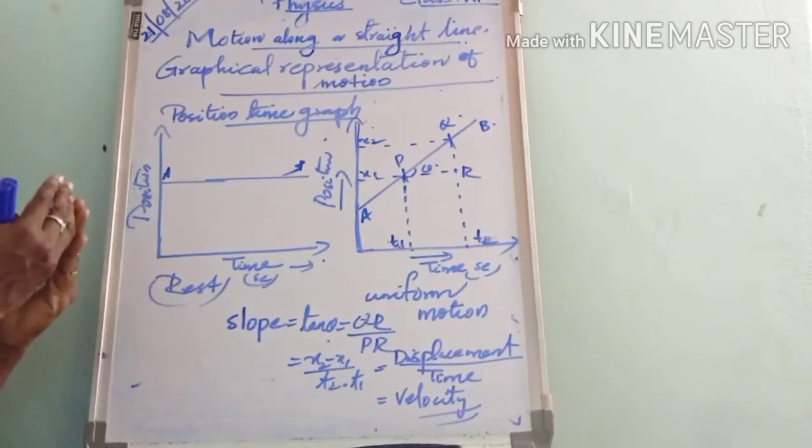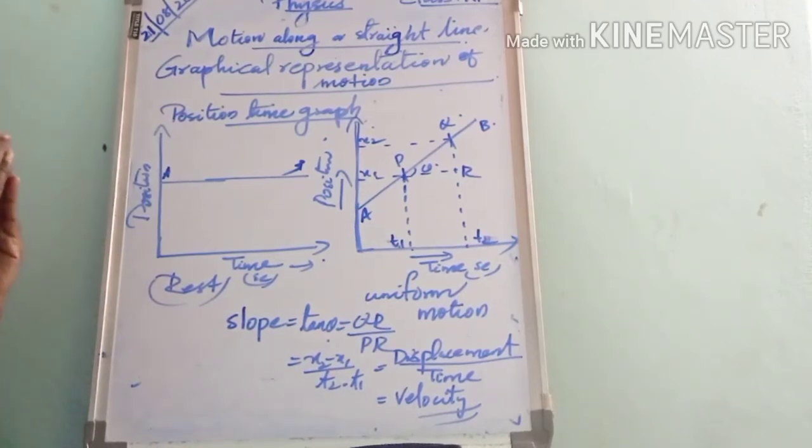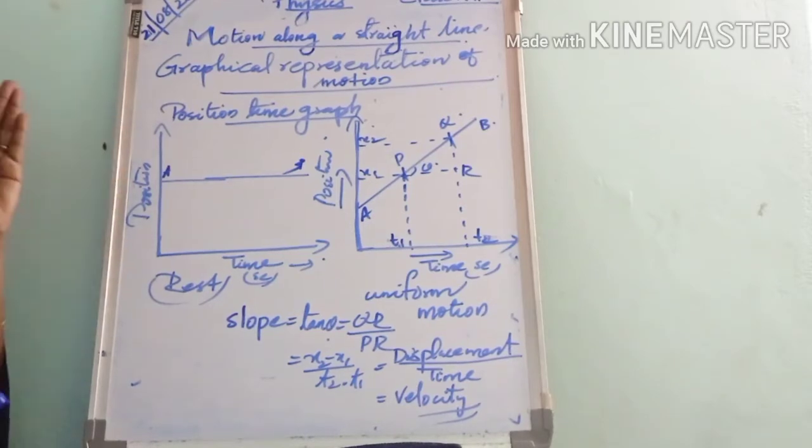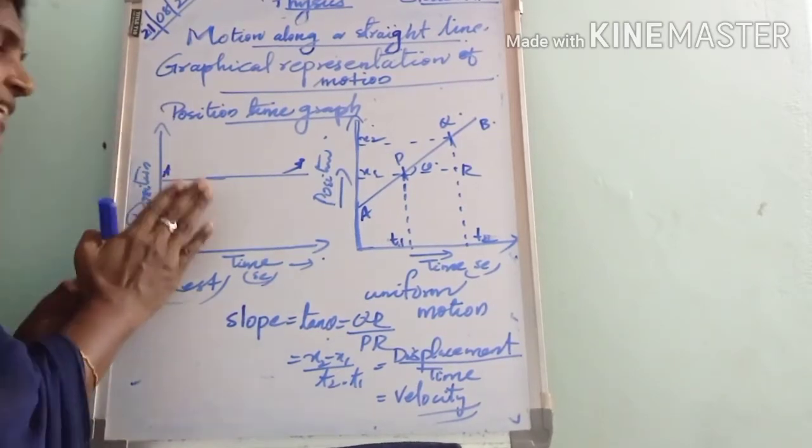We already said the position time graph can be studied under different conditions. The first is the position time graph for an object at rest.